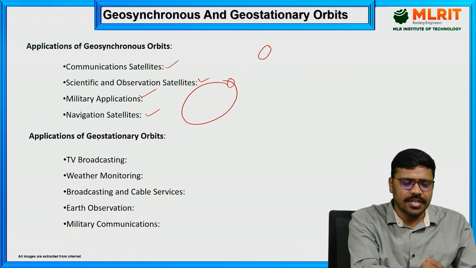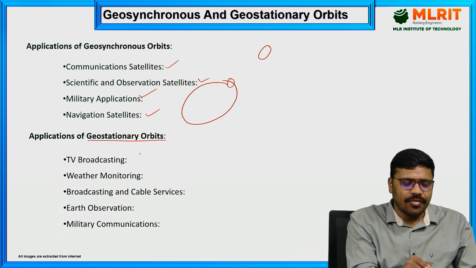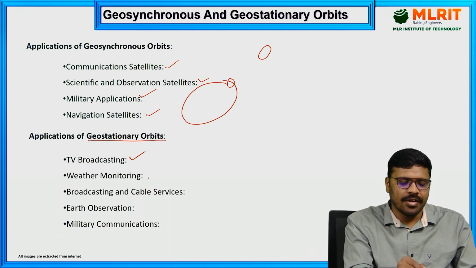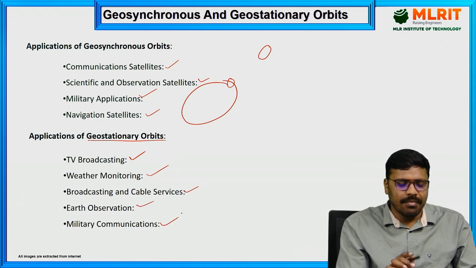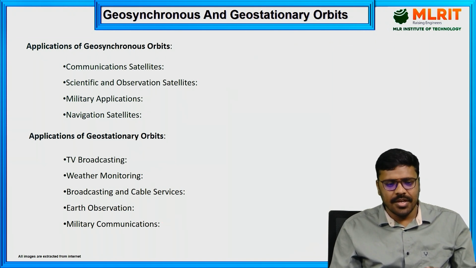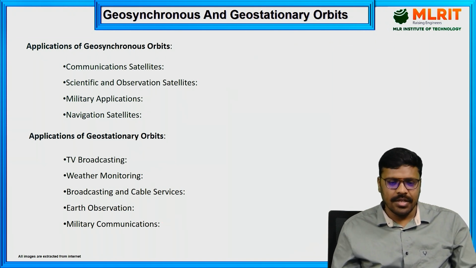Coming to the geostationary orbit, we can use it for TV broadcasting, weather monitoring, broadcasting and cable services, Earth observation, and military communications. So these are the applications for geosynchronous and geostationary orbits.